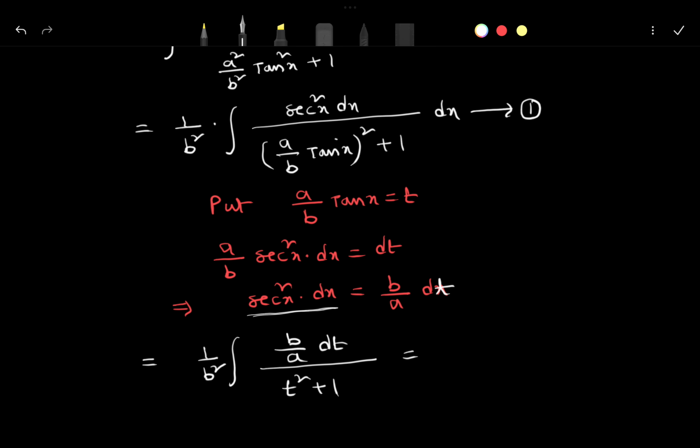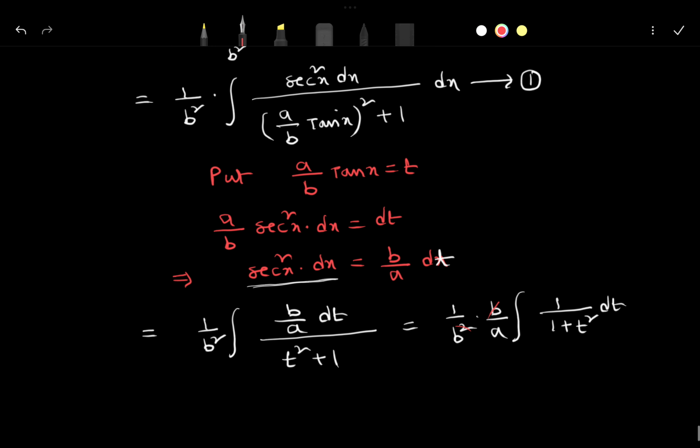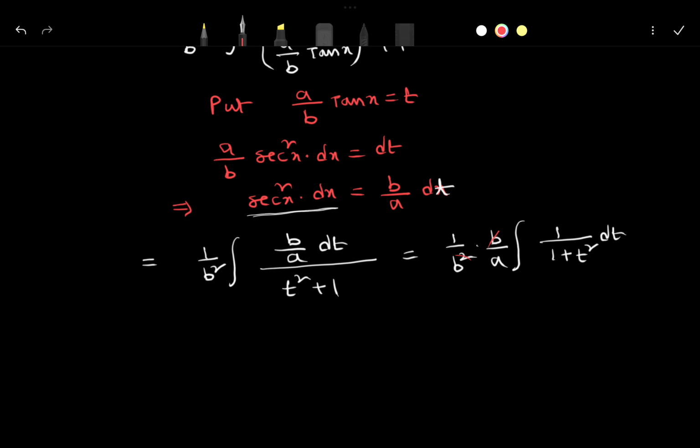Now this one we can write 1 by b square into b by a into integration of 1 by 1 plus t square into dt. Here, now you can cancel that. 1 b and 1 b cancel. Now you can write 1 by ab into integration of 1 by 1 plus t square into dt.